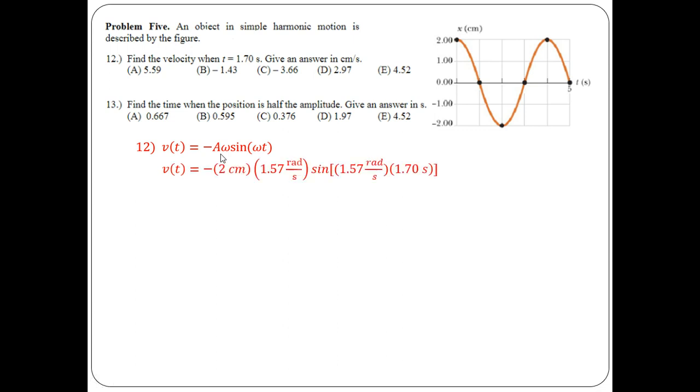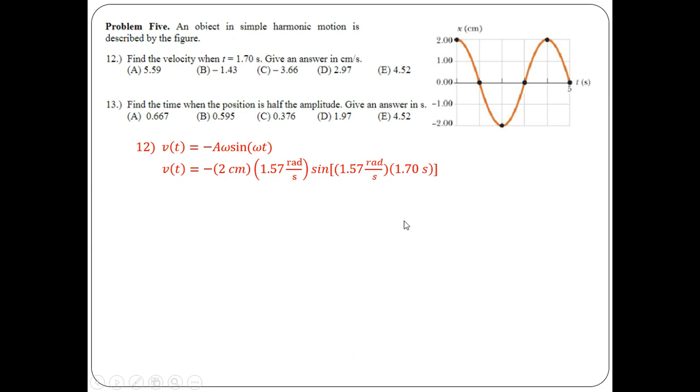From here, we know that A is equal to 2 centimeters from the graph. And we know omega, which was calculated in question 10. Here we have sine of omega t, where omega is 1.57 rad per second times time, which is 1.7 seconds.